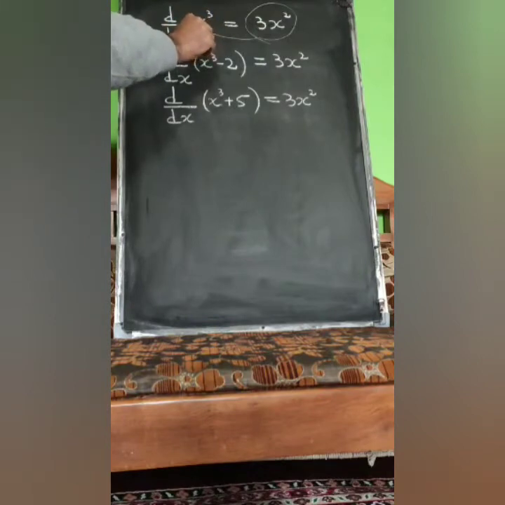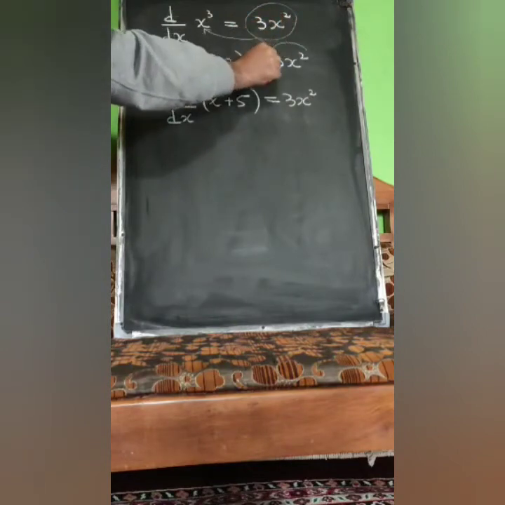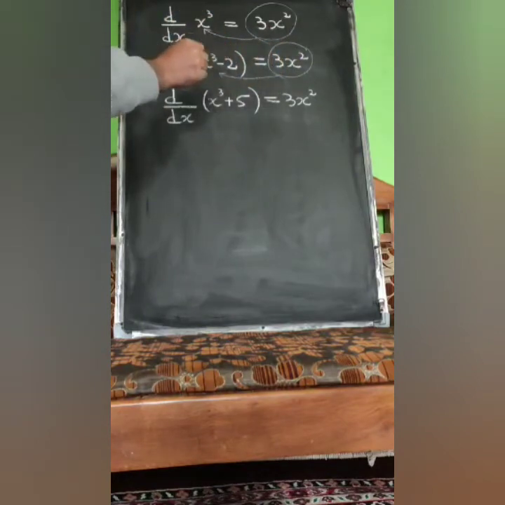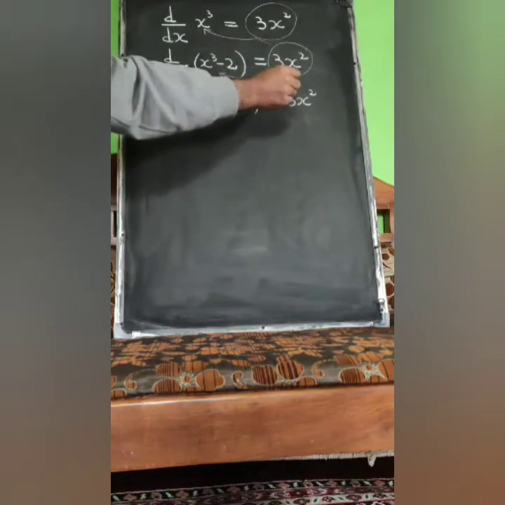Here, differentiation of x cube minus 2 is equal to 3x square. That means antiderivative of 3x square is equal to x cube minus 2. Again, differentiation of x cube plus 5 is equal to 3x square.